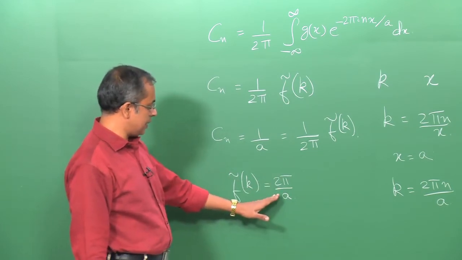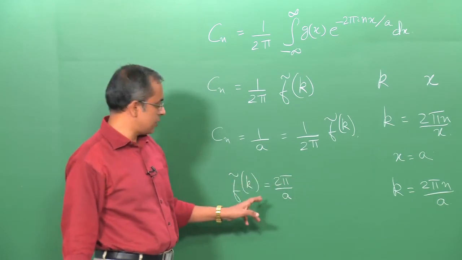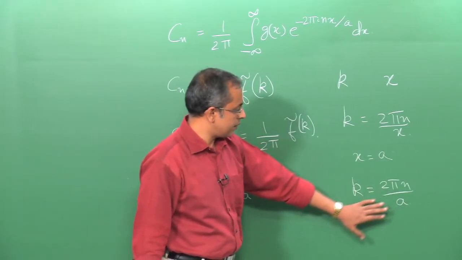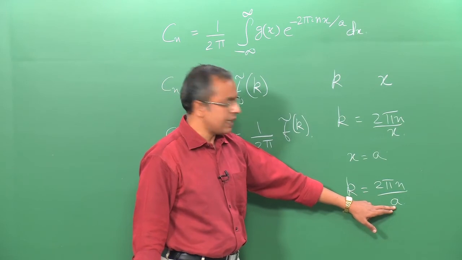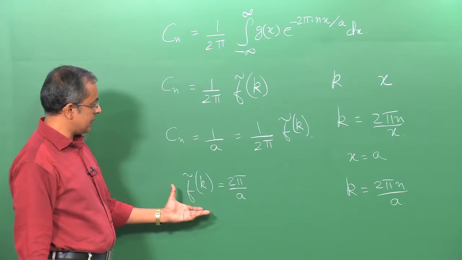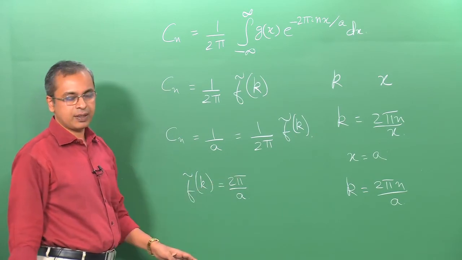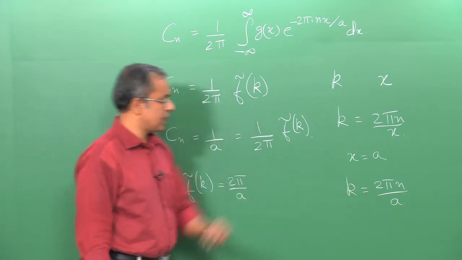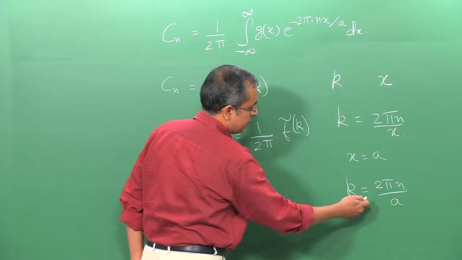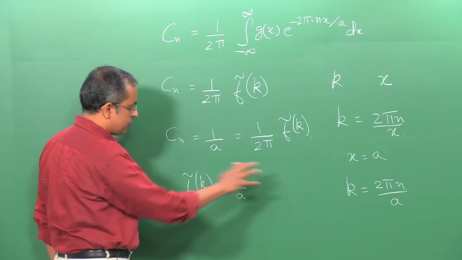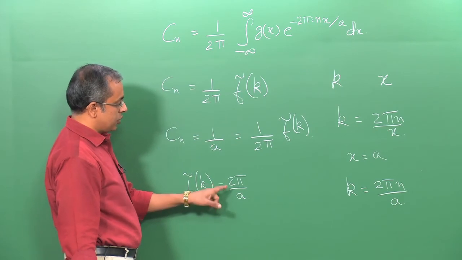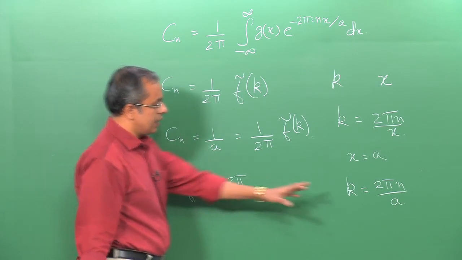It is going to be 2 pi over a at all values of n, and k itself is defined only at values of a, with k having this particular form. So, at all values of n, this Fourier transform should always evaluate to 2 pi over a. So, it should be 2 pi over a at integral values of n, with this being the variable.